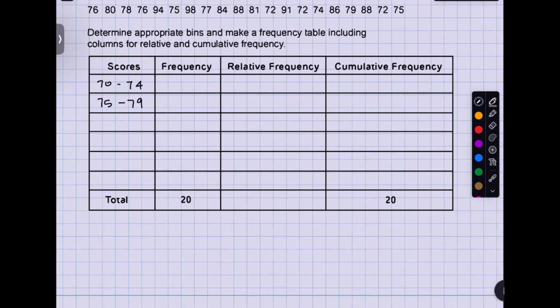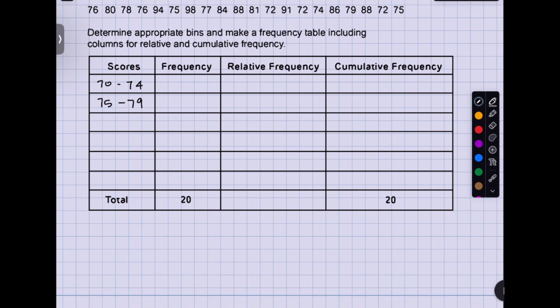Okay. This right here, 70, 71, 72, 73, 74. That's 5 numbers. Then you start at 75, 76, 77, 78, 79. That's 5 numbers. Okay? Right? Because when you look at 70 to 74, you don't think there's 5 numbers there, but there is.